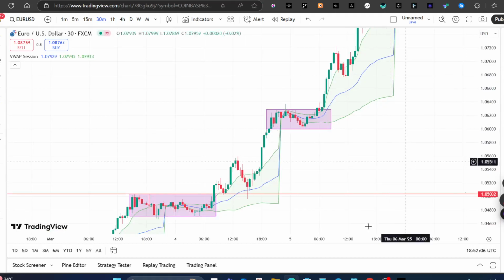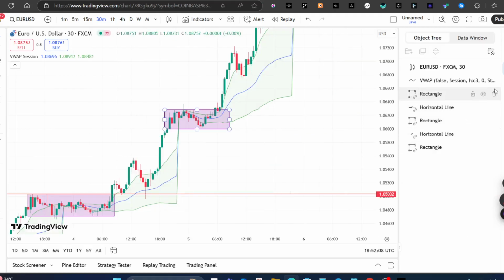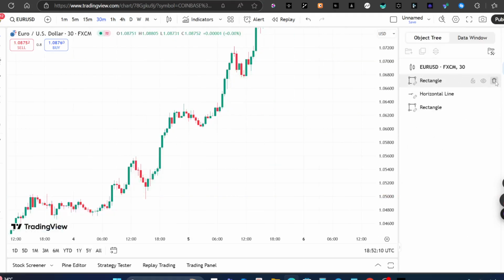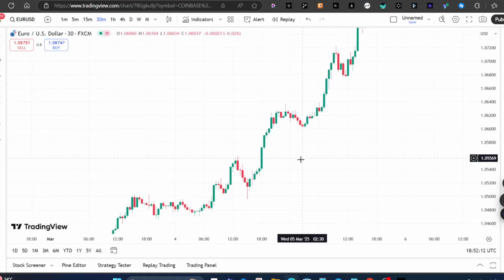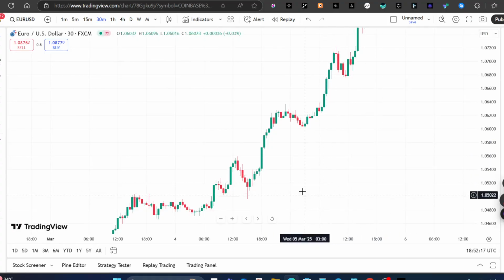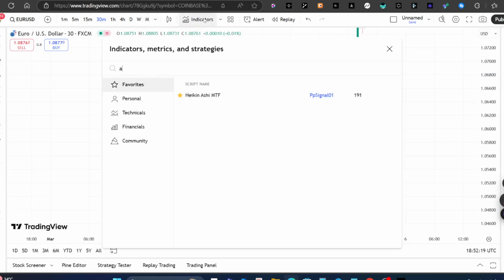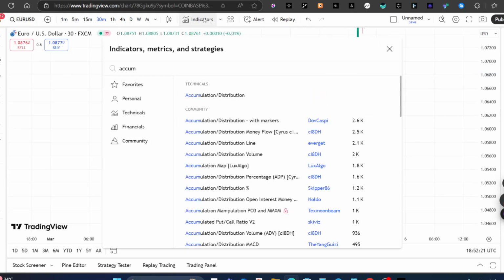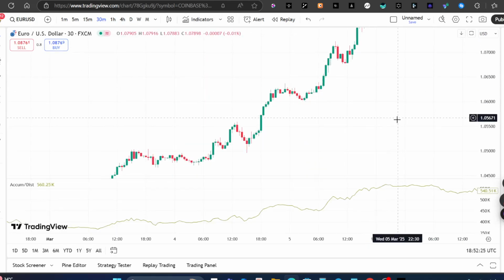Okay, now the third indicator we are going to be looking at is the accumulation distribution indicator. Okay, the AD line, let's just add it to the chart right now. The accumulation slash distribution tracks the cumulative flow of money into or out of an asset.